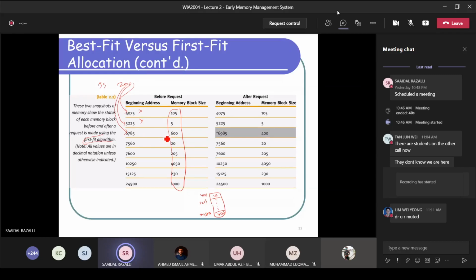So when it requests 6785, it occupies a 200 size of this memory partition. So what you have here, it will request here, this is a 200, 6785, and this one is 6985.